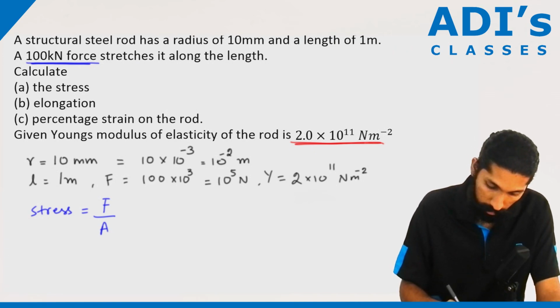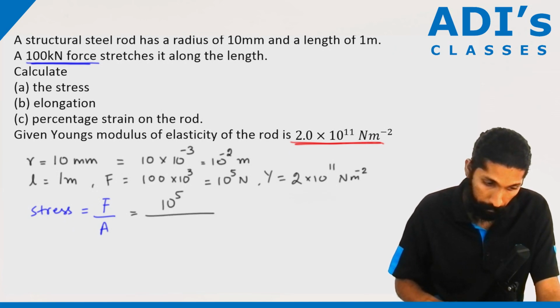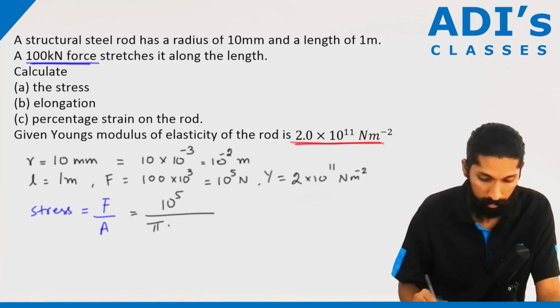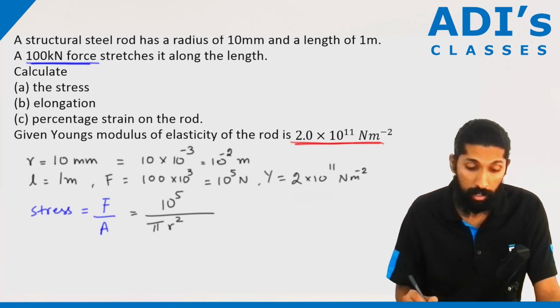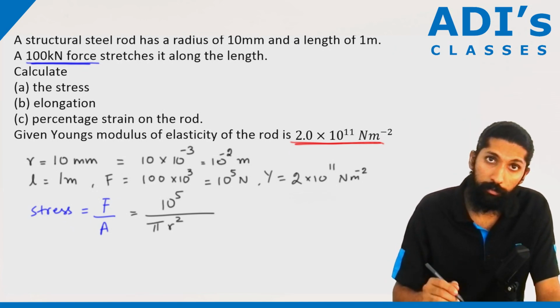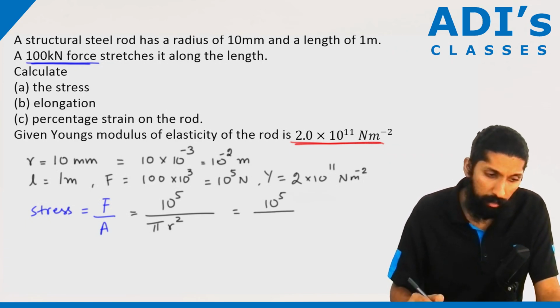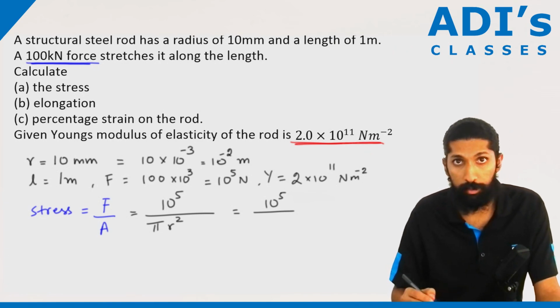So force is 10 to the power of 5 divided by pi r square. R is given to be 10 to the power of minus 2. Take pi as 22 by 7, which is much easier to solve.